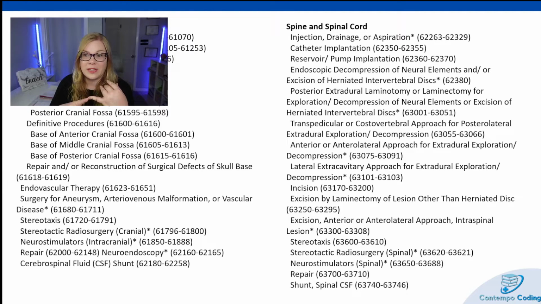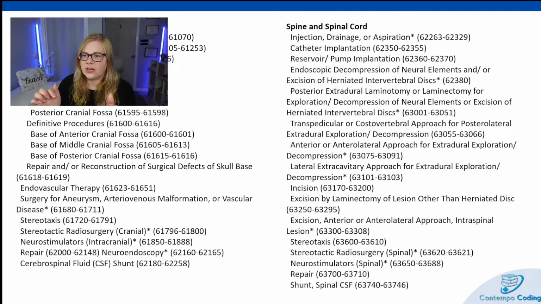But then we have catheter implantation of the spine, endoscopic decompression of neural elements and or excision of herniated intervertebral discs, posterior extradural laminotomy or laminectomy for exploration or decompression of neural elements or excision of herniated intervertebral discs, transpedicular or costovertebral approach for posterolateral extradural exploration or decompression, anterior or anterior-lateral approach for extradural exploration or decompression, lateral extracavity approach for extradural exploration or decompression, and then we have incisions, excisions by laminectomy of lesion other than a herniated disc.